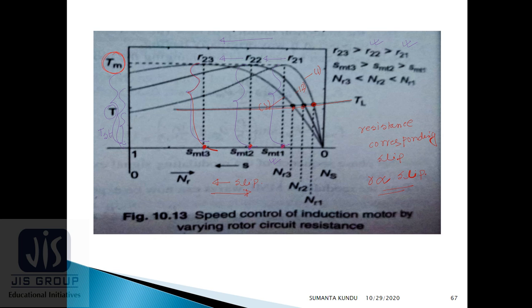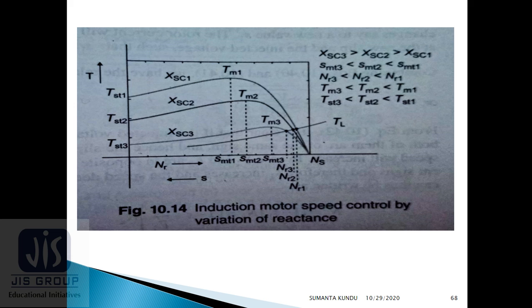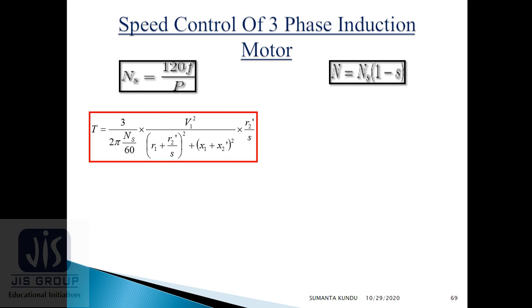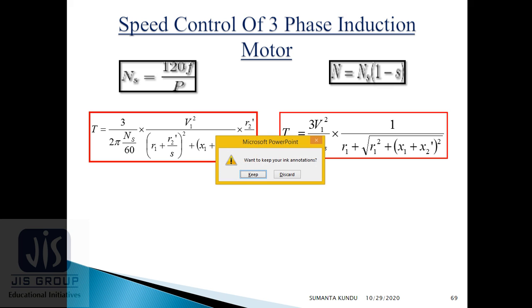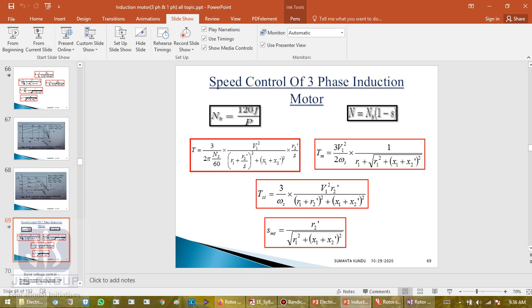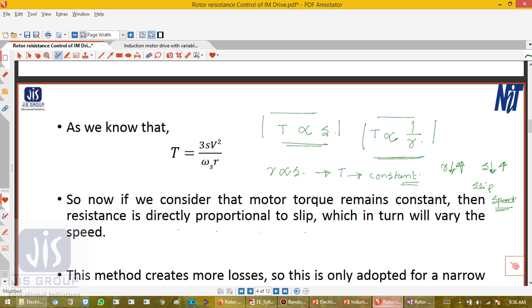And if you check, in this method the corresponding speed also decreases. So by changing the resistance we can change the slip, and correspondingly we can change the torque.